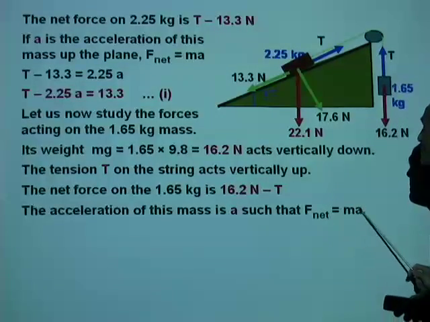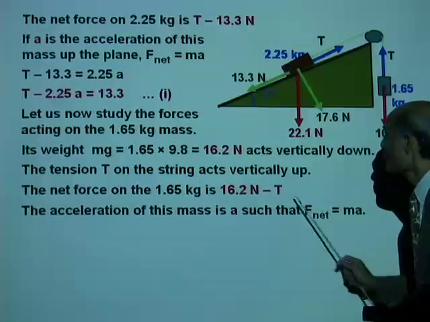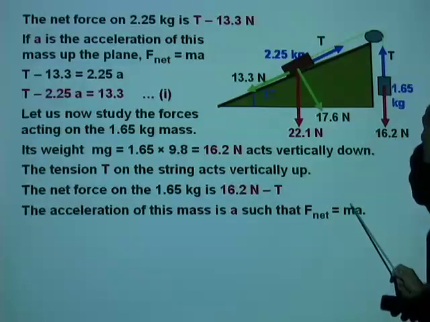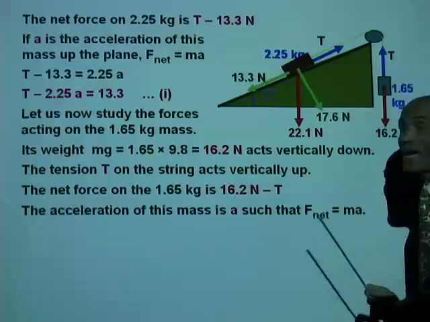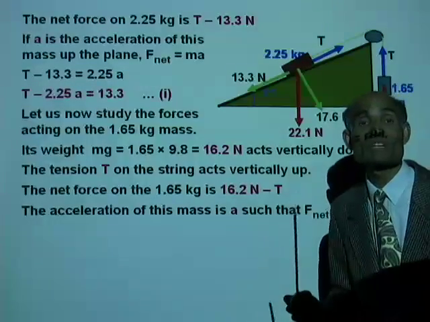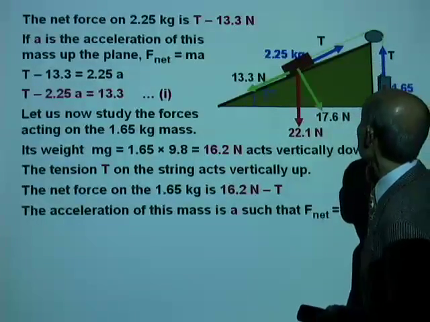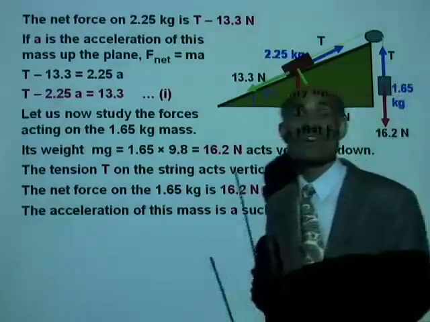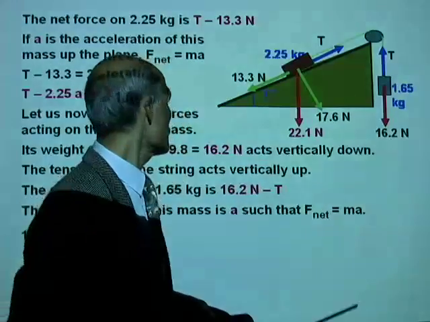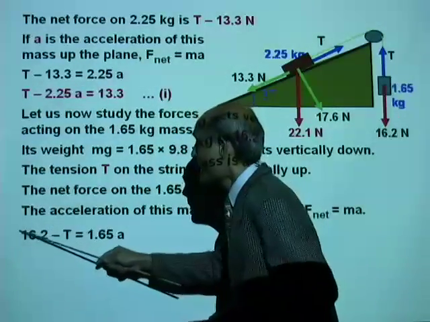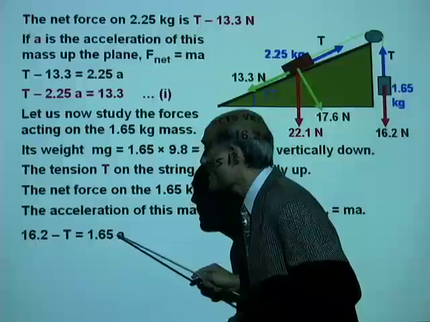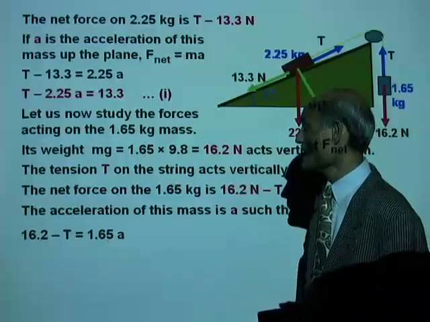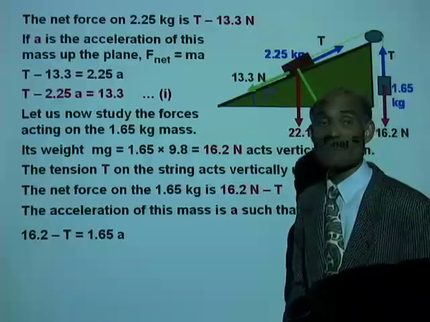F net equal to MA, M equal to 1.65, A is the acceleration which we need to find. Because they are connected, the acceleration of this mass is the same as the acceleration of the other mass. So 16.2 minus T equal to 1.65A.